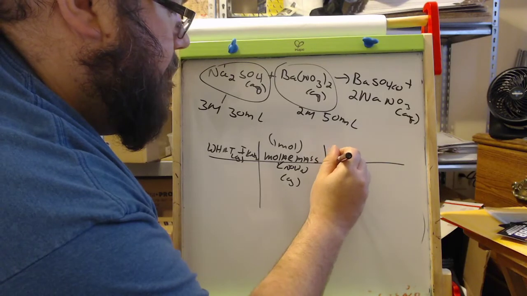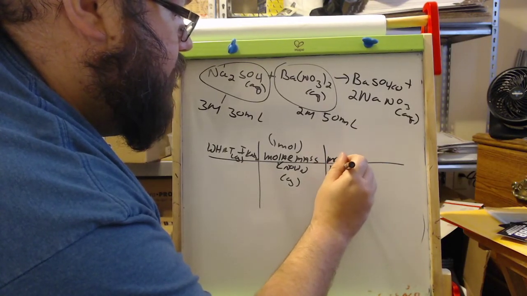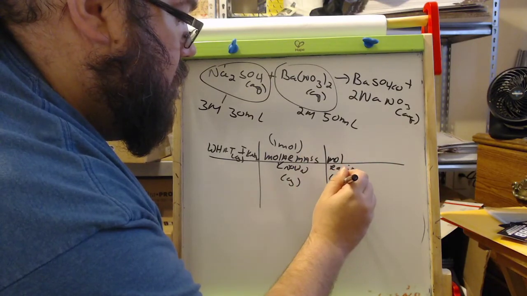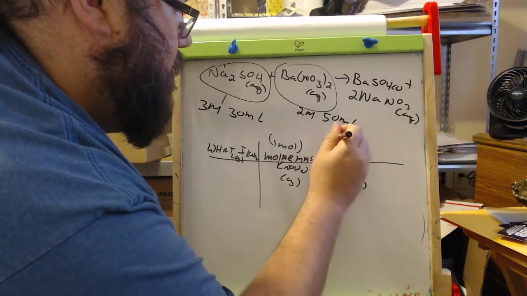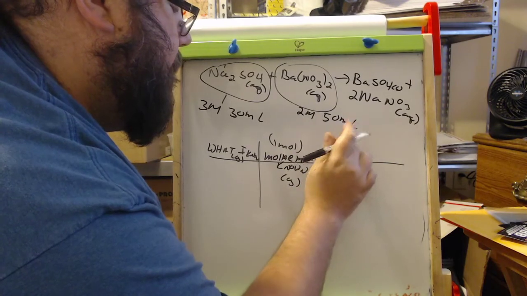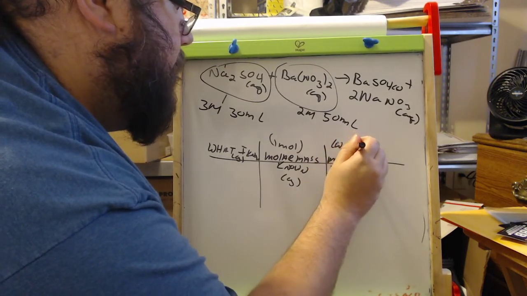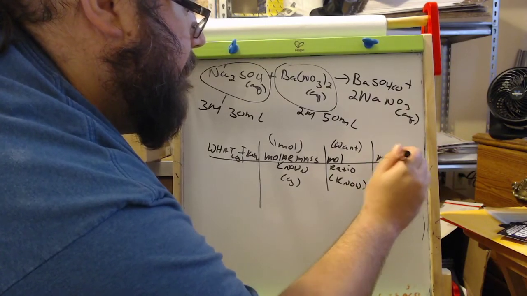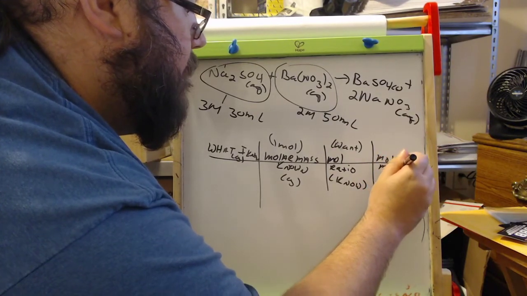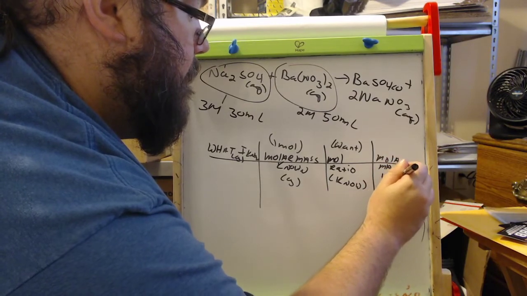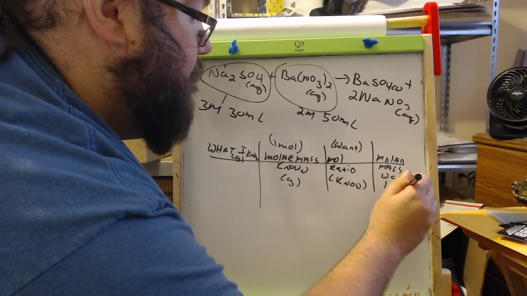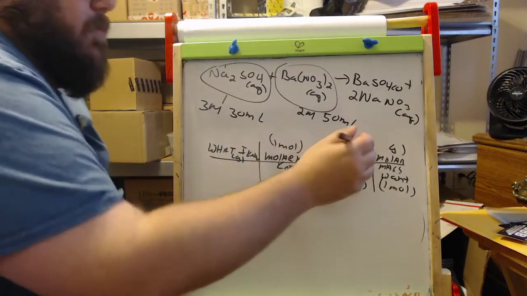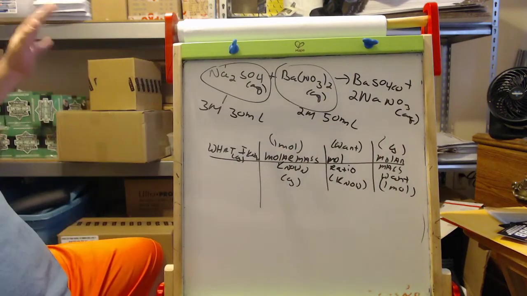Mole ratio: what I know, what I want. And the molar mass of what I want, with the mole on the bottom and the grams on top, right? And we plug the grams in and we worked it out and we find our limiting reagent. We do all of that.